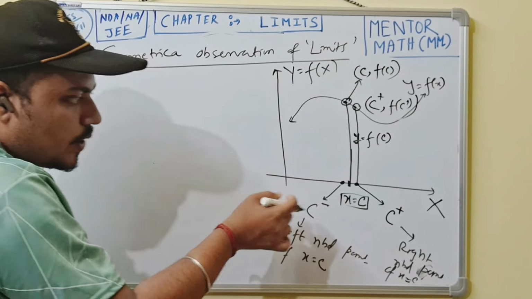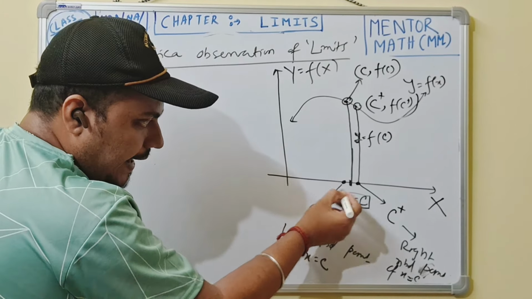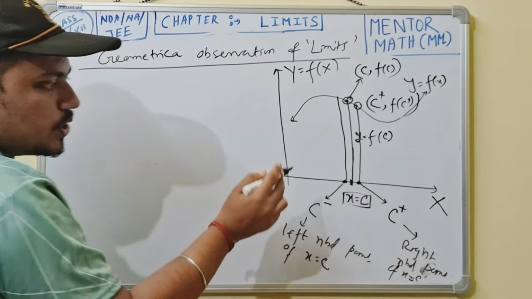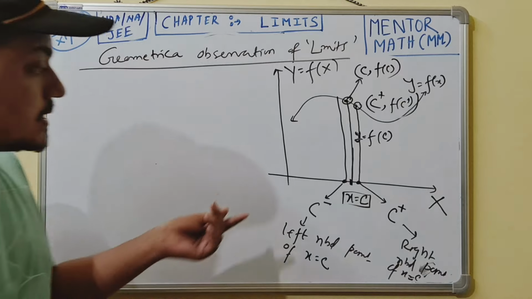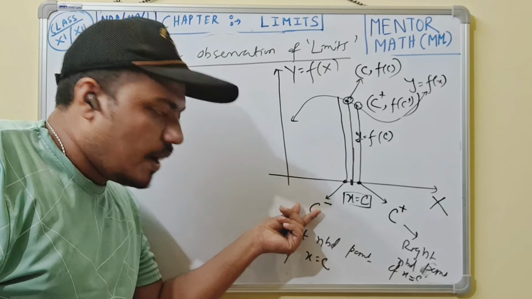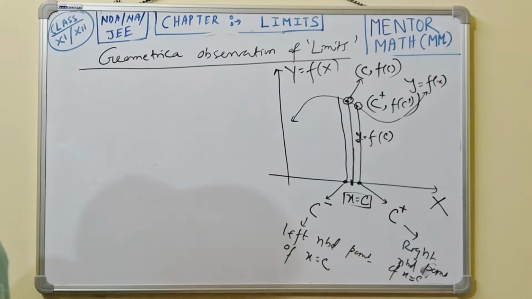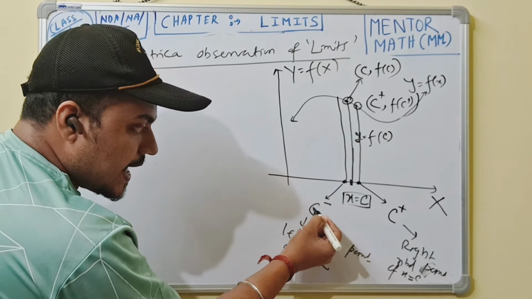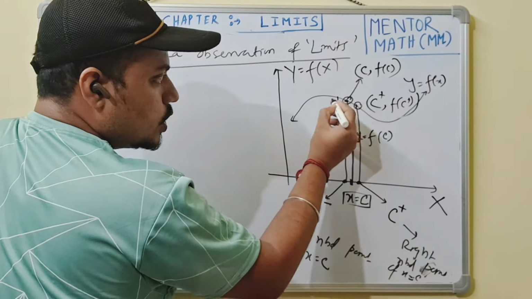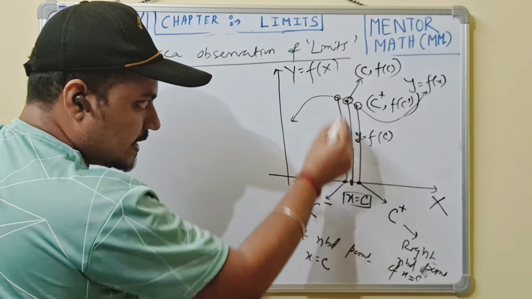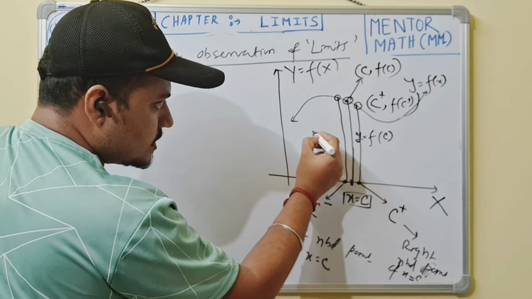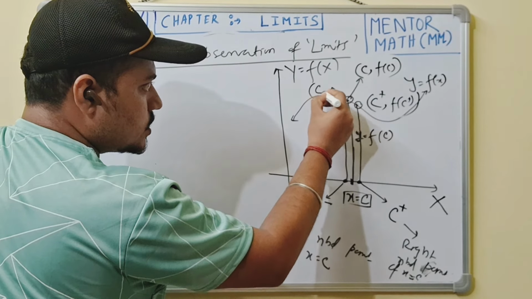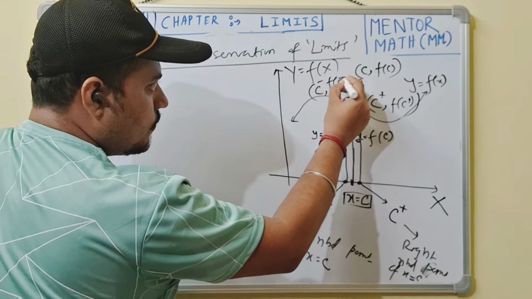Similarly you can find the y coordinate for x equal to c minus. That is the left neighborhood point of x equal to c. If I substitute x as c minus here, you get the y value, that is your y distance. So what is the coordinate? That is c minus and f of c minus.